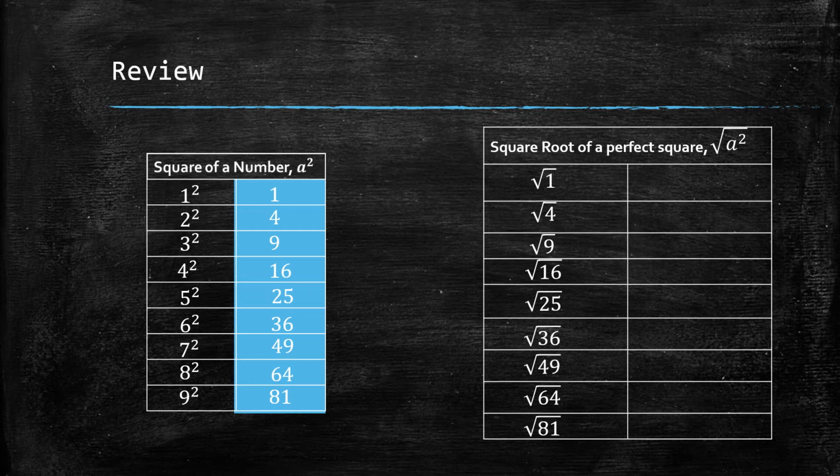Unsa ang result? Square root of 1 is 1. Square root of 4 is 2, 3, 4, 5, 6, 7, 8, 9. Unsay napansin niyo class? Nga pag ang perfect square atong square root, mubalik siya atong number na ki-square. Tanawa. Kaning result is nibalik siya kaning number nga wala gi-square.